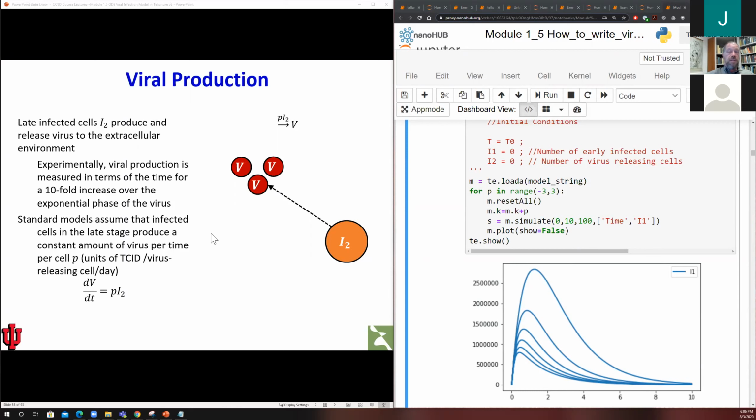So in this basic model, every virus releasing cell is releasing the same amount of virus, P. In reality, the viral production is much more complicated than that, but that's what we're going to start with. We can write that in the form of a rate equation. Nothing goes to V at a rate P times I2.